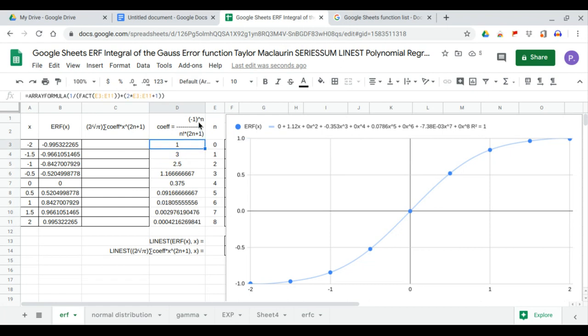Next, we add the numerator, which is -1 to the power n. So that's -1 to the power n.